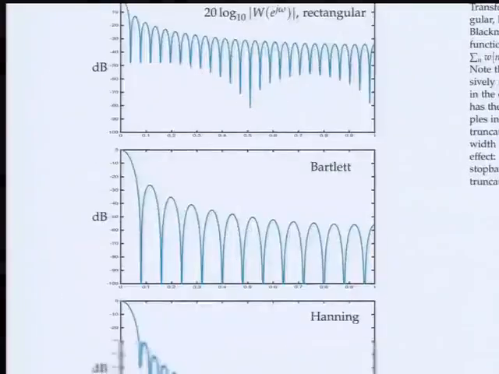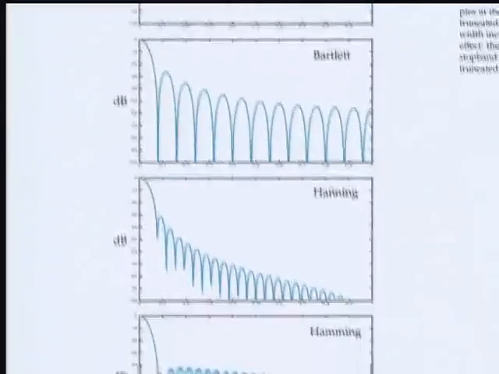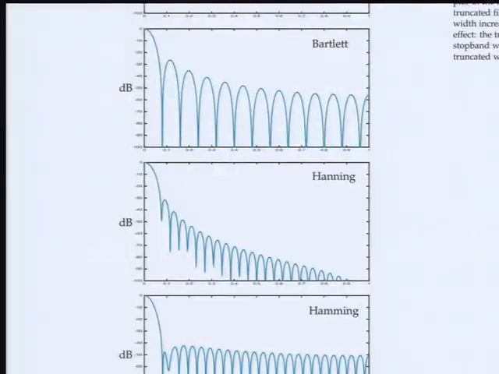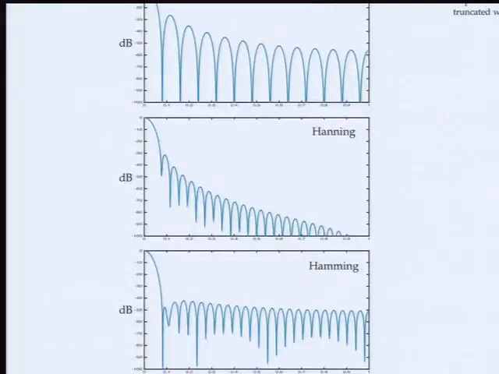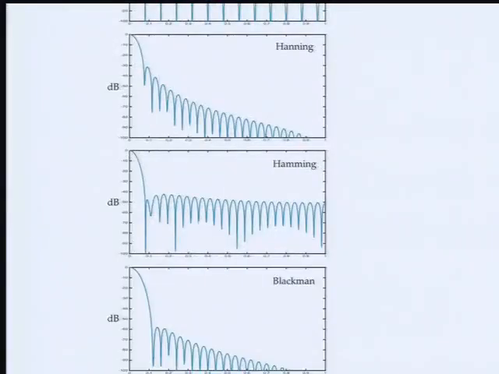And the others do an even better job. You see Hanning compared to the triangular, and Hamming somehow has a more flat amplitude for the side lobes. And then Blackman is probably the best. Look, the biggest side lobe is like negative 60 dB, right? Doesn't get much better than that, okay?